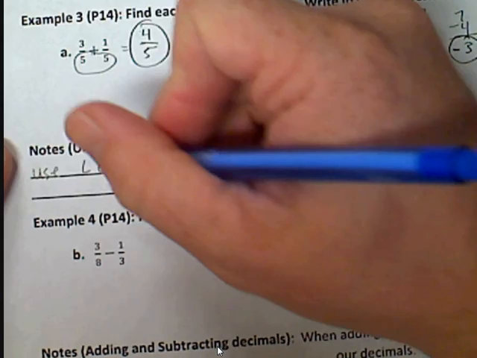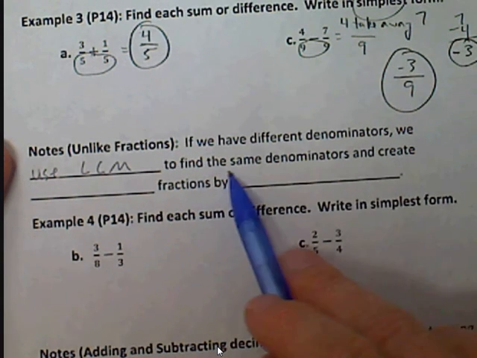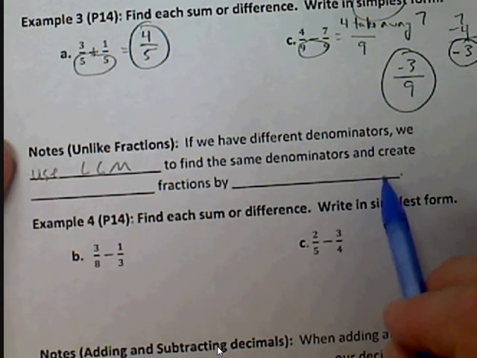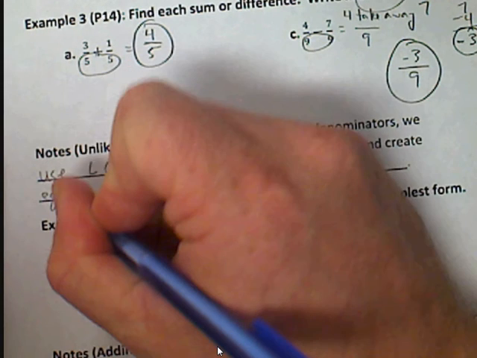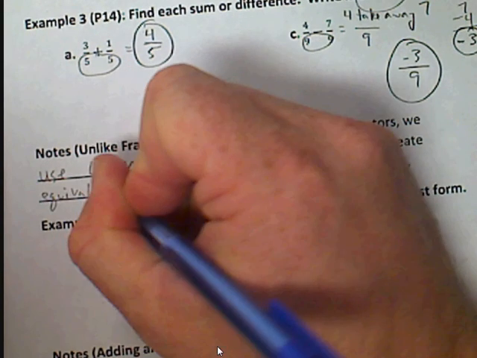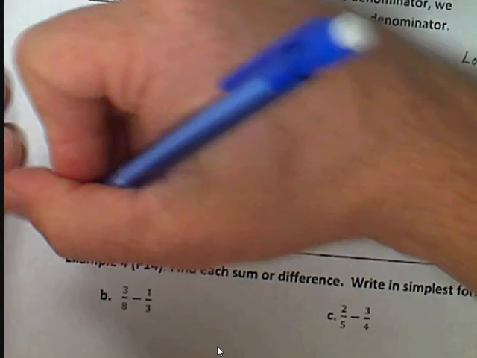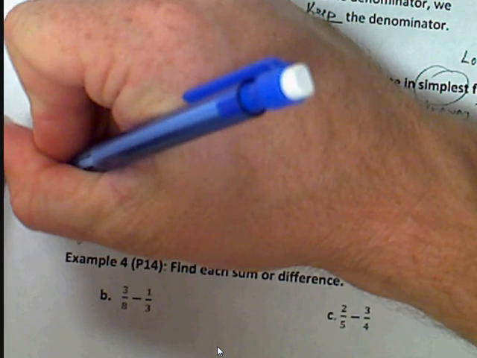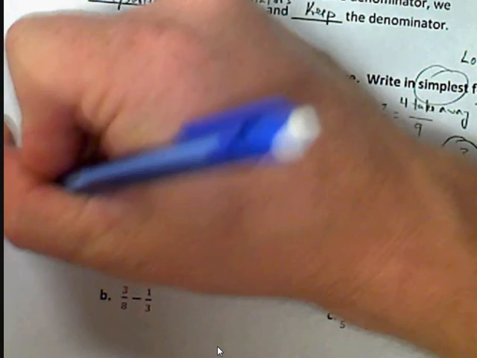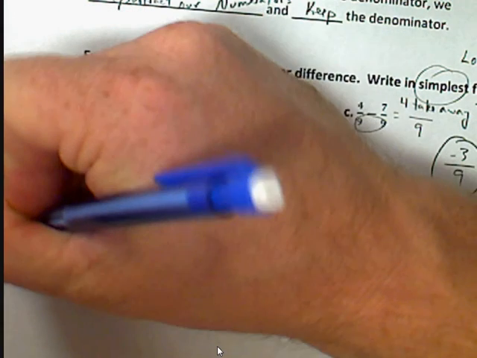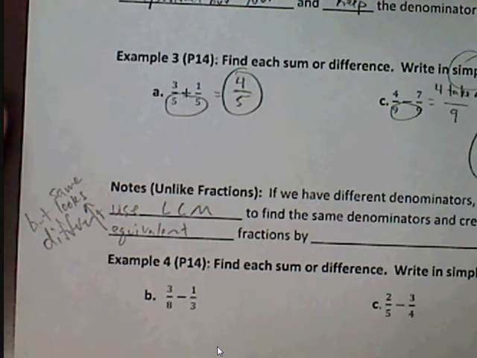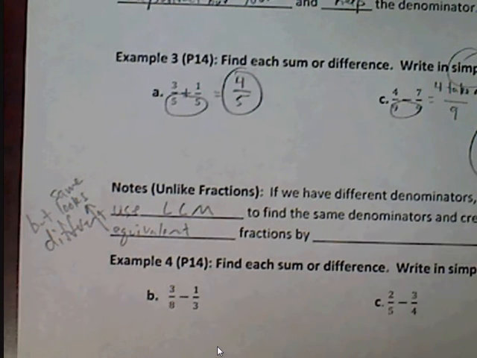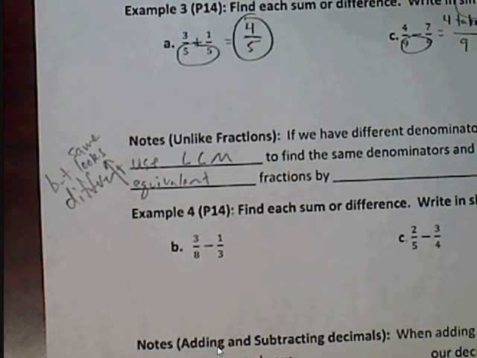Least common multiple, to find the same denominators and create equivalent fractions. Equivalent means the same but looks different. So we're going to come up with fractions that are equivalent. It means that they're the same but look different.